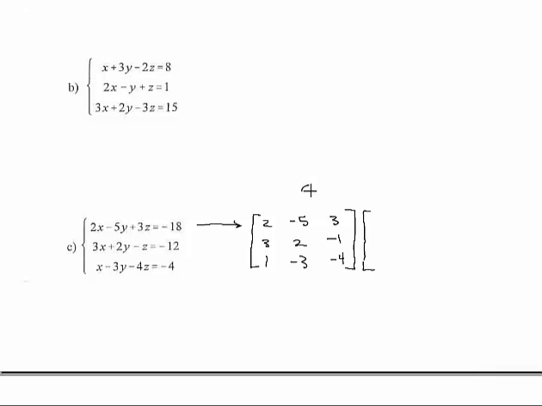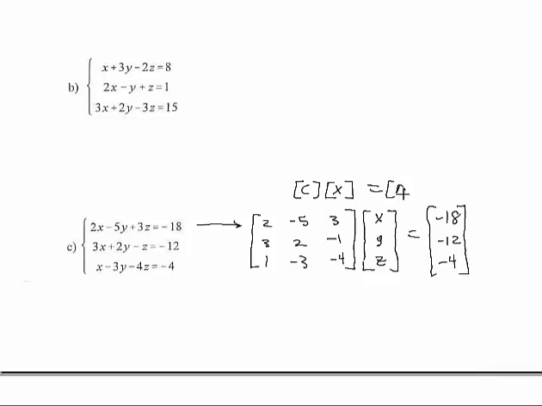We could write that as C, and then we multiply that by the variable matrix XYZ, and so up here in shorthand we could just write matrix X, and then equals our constants D. So the column matrix -18, -12, -4. And then here we can write D matrix for shorthand.